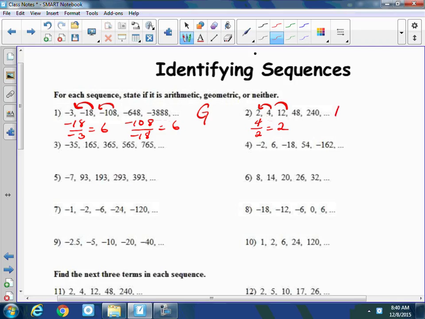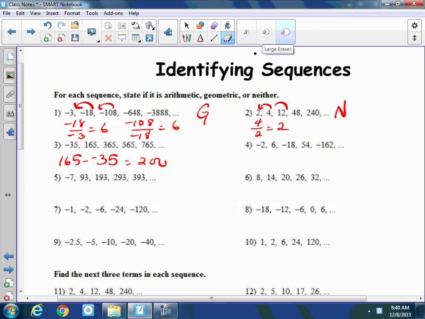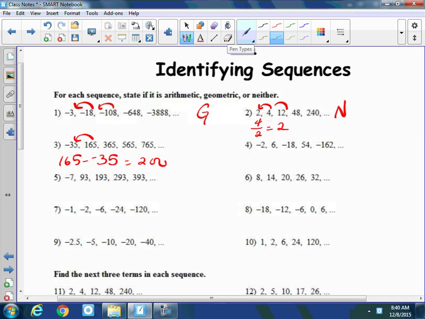Let's go to number 3. 165 minus negative 35. How much? 200. So we figured out the difference between those two.